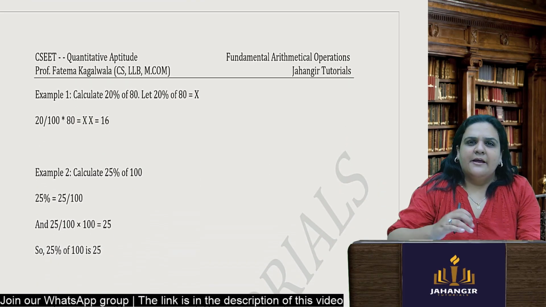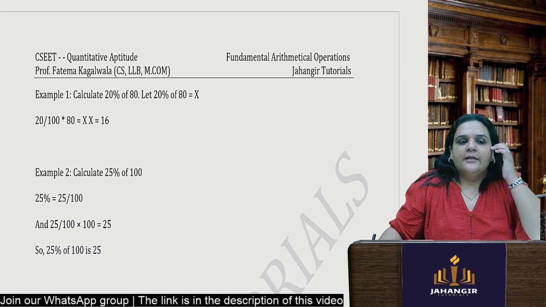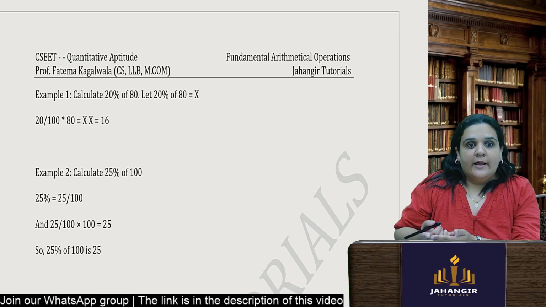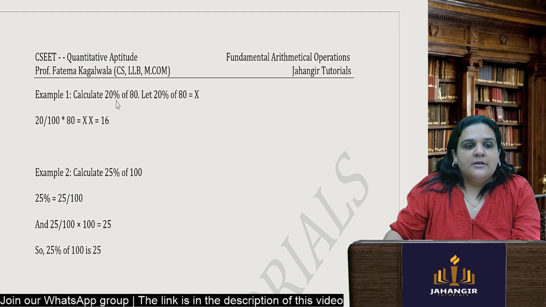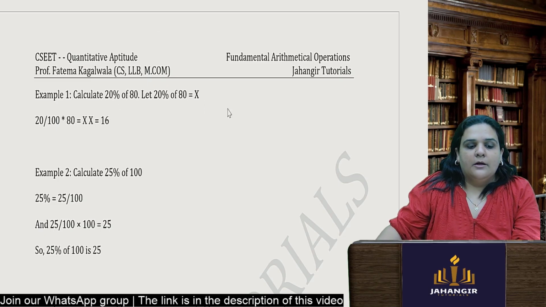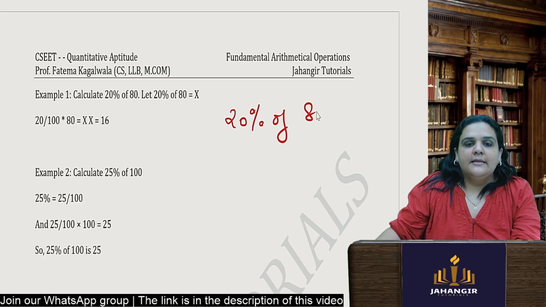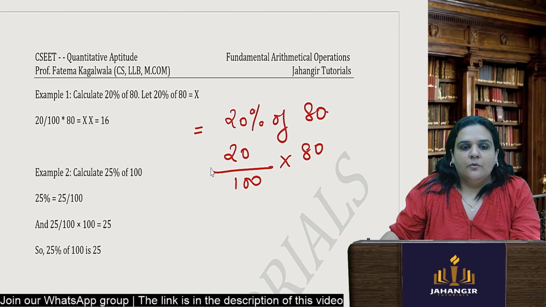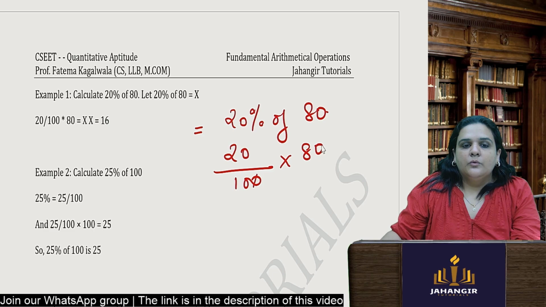Now I have taken basic sums. They are telling us to calculate 20% of 80. Now they will give you a percentage and ask you to find the value. When I say 20% of 80, whenever they give you any sum like this, convert the percentage sign, divide by 100 and then multiply it by the whole value. 8 twos are 16, so I got the value.